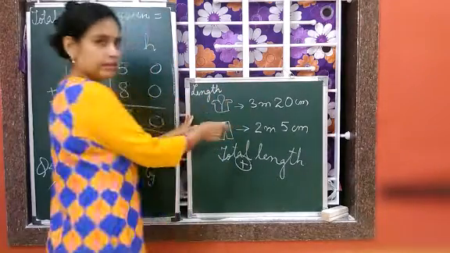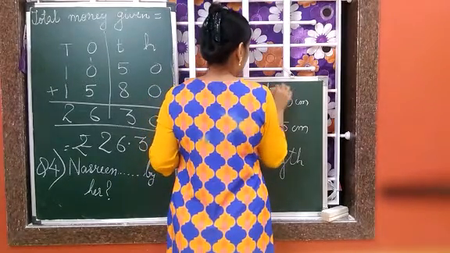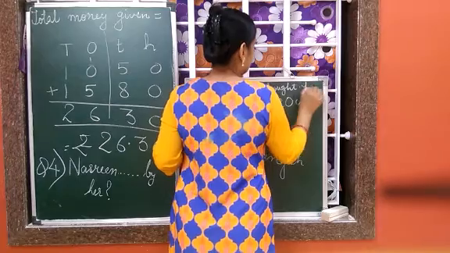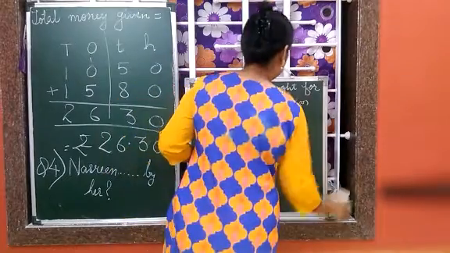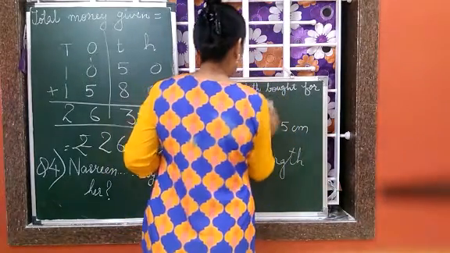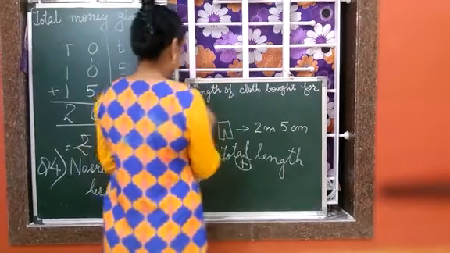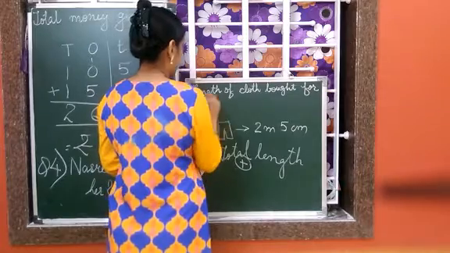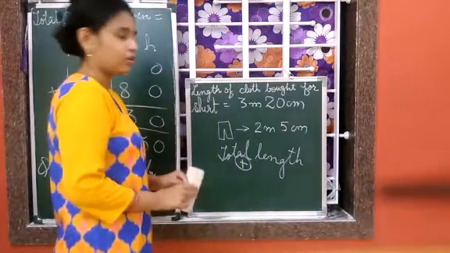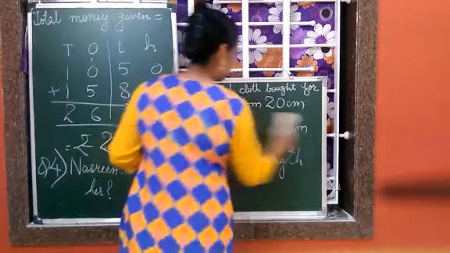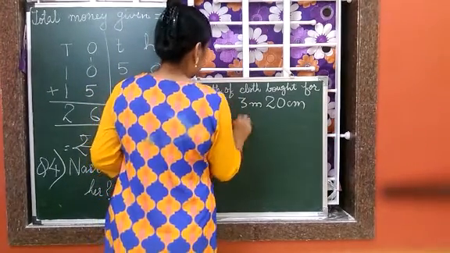I'll erase later. Let me write it. Length of cloth bought for shirt. Then length of cloth bought for trousers. Come on, write with me.